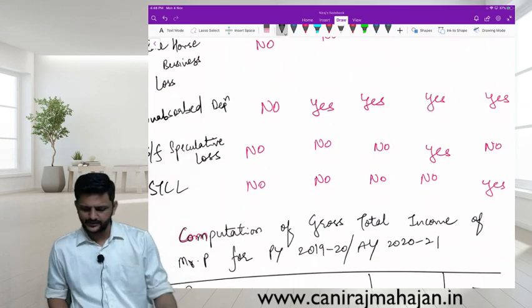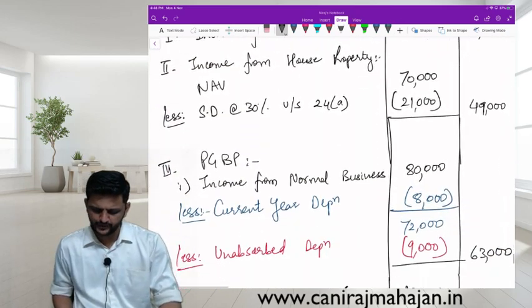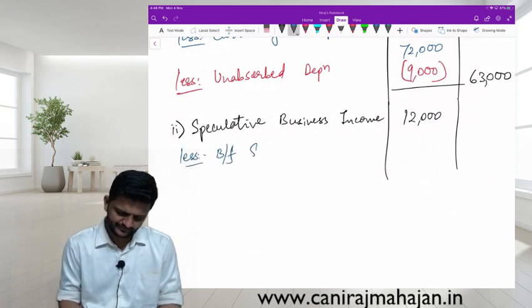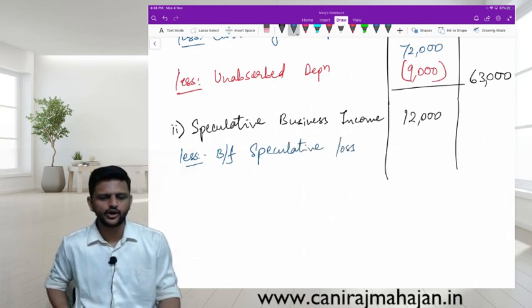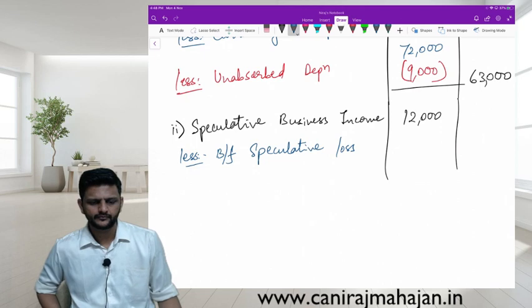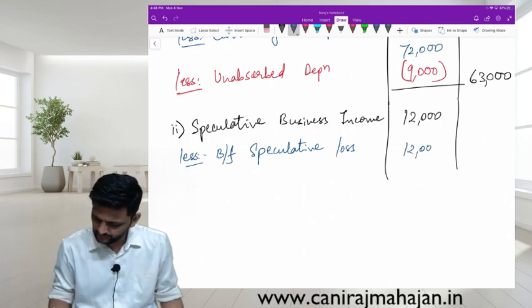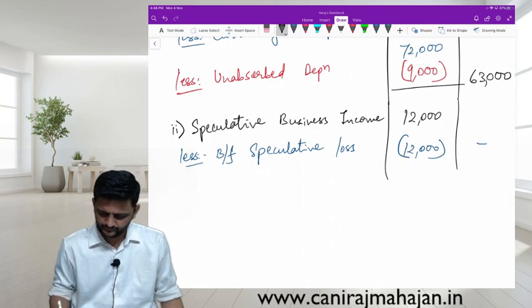Unabsorbed depreciation we have completely utilized, so we can reduce brought forward speculative loss. How much is the loss brought forward? 16,000. So we can set off.